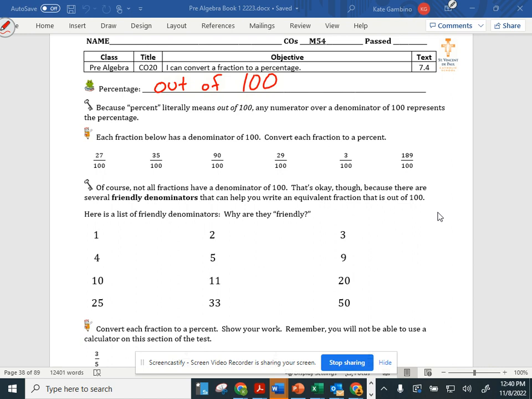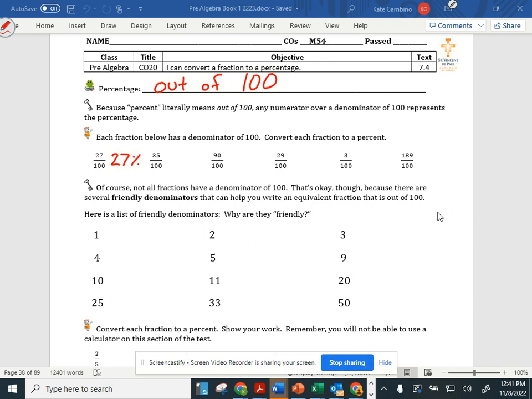That's how we would say that. What percent is it? Luca? 27%. Because when we say 27 hundredths, that's like 0.27.